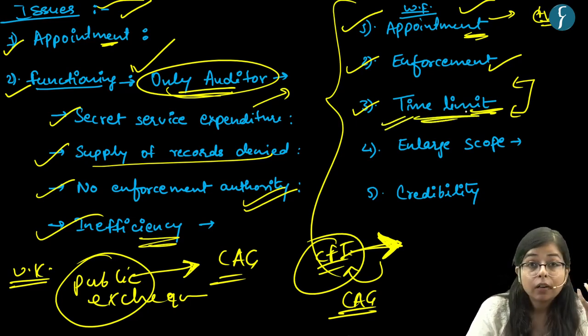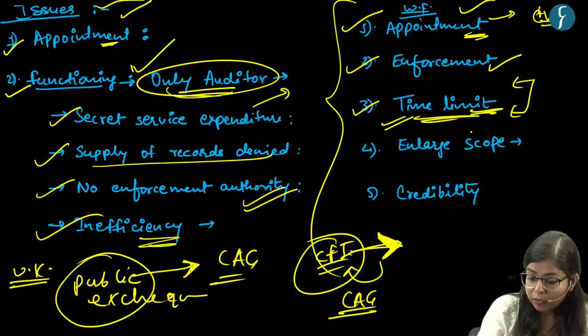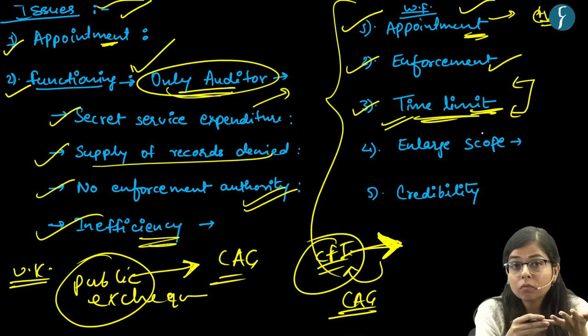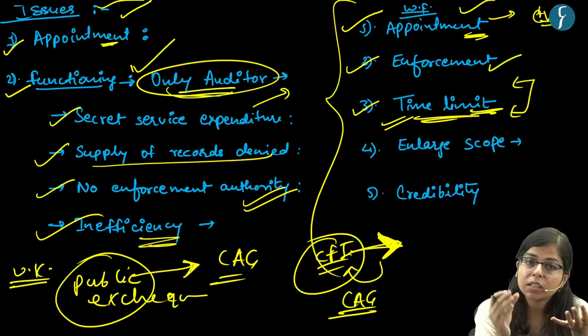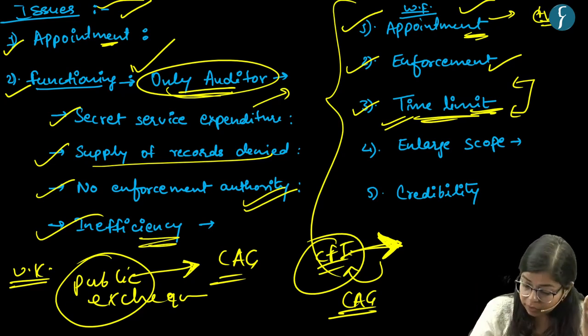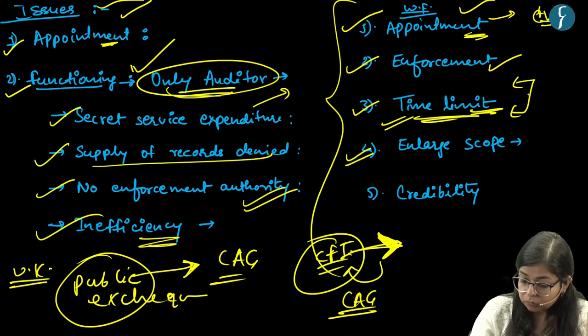In that order, there should be a time limit for the data to be provided to CAG, and also a time limit within which CAG should place its report in front of Parliament, right?